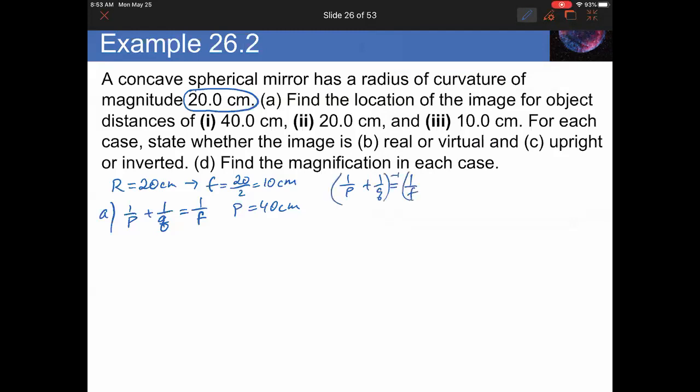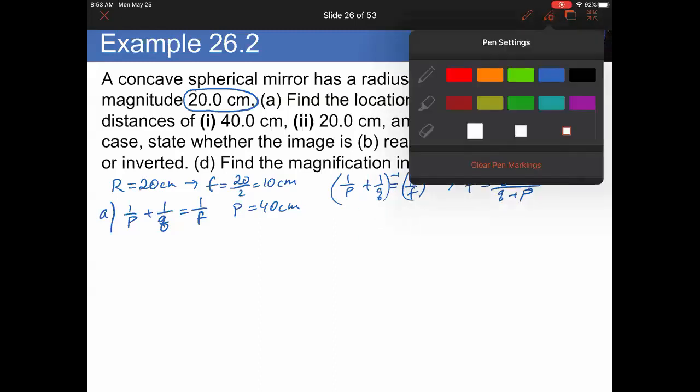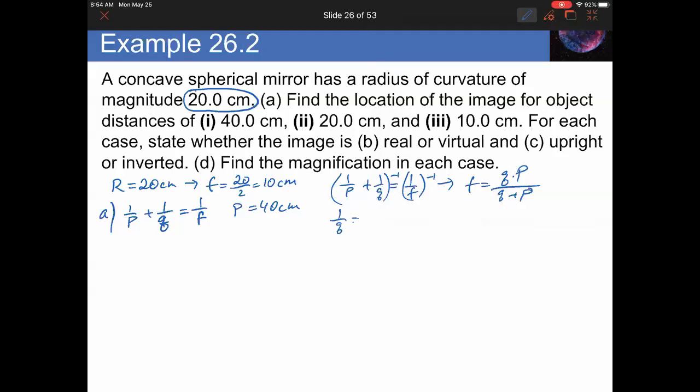I can take the inverse of both sides, and in a way I have this: f equals q times p over q plus p. That becomes that, just like the shortcut for those. Now, if I want to find the image position, then what I can write here is 1 over q equals 1 over f minus 1 over p, right? If I take this equation and rearrange it for q. And if I use the shortcut for this equation, right?